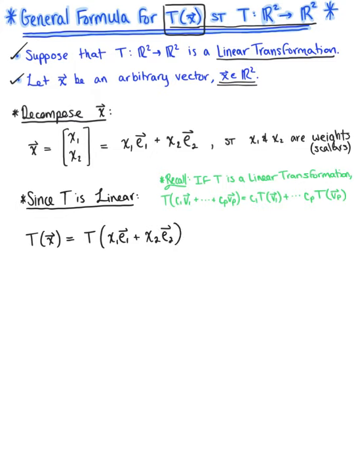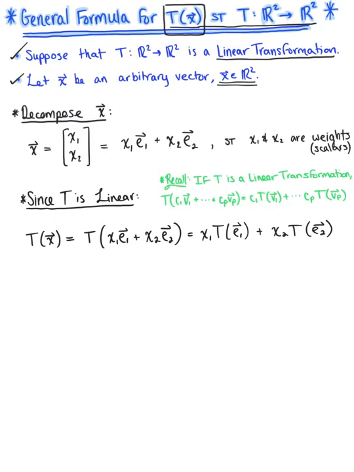And now again, since this transformation is linear, we can decompose this image. We can rewrite this as the sum of the scalar multiples of the images of each elementary vector. Again, that's by definition of a linear transformation.